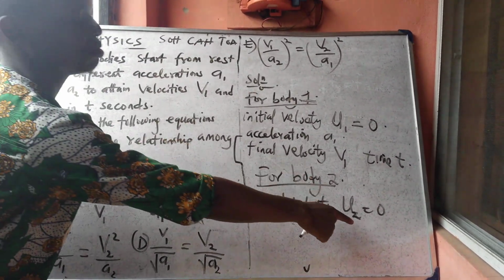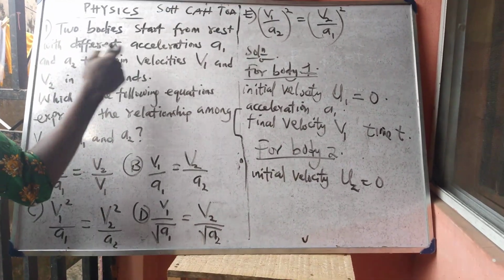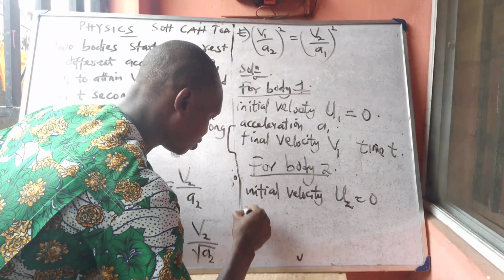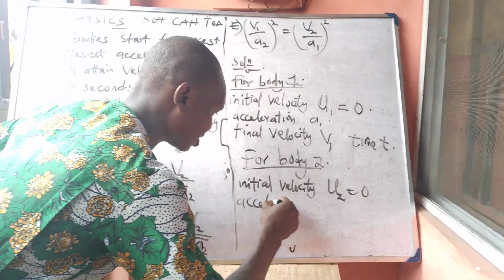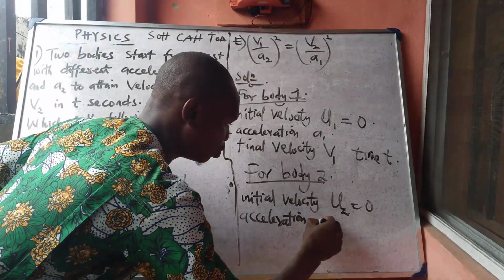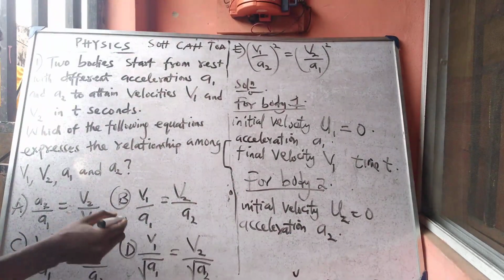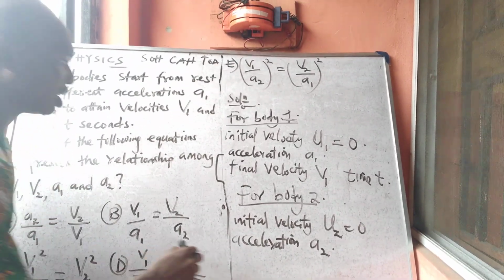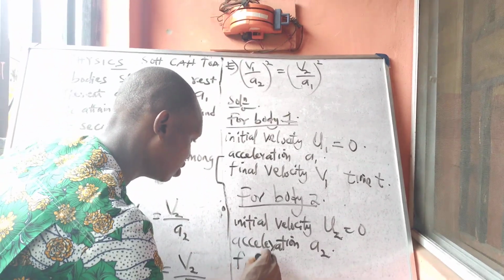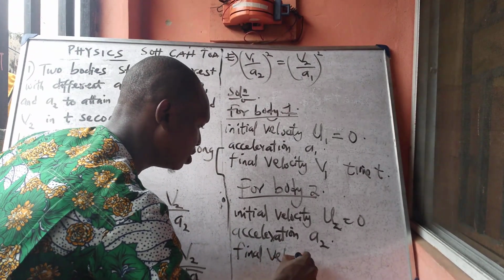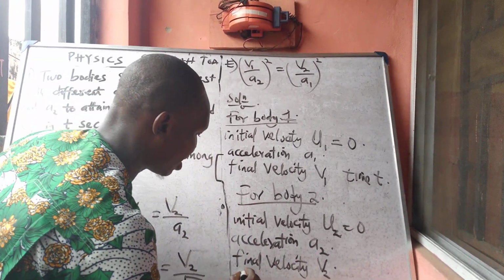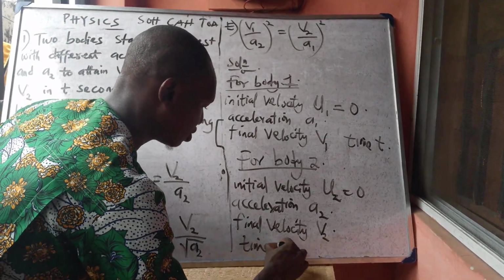Its initial velocity is 0. Now the acceleration of body 2 is A2, and then it attained the final velocity V2 in a time t seconds.